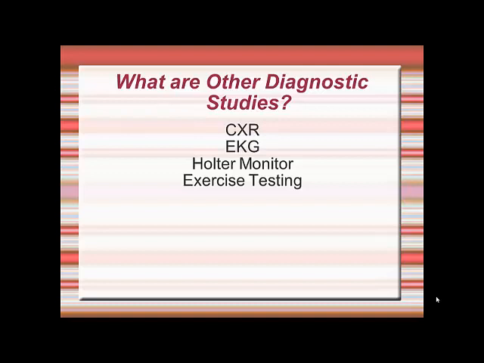That would probably be with the older child. Maybe an echo, an MRI, and also a CT. These are just some of the other studies that might be ordered for a child or an infant born with a heart defect.